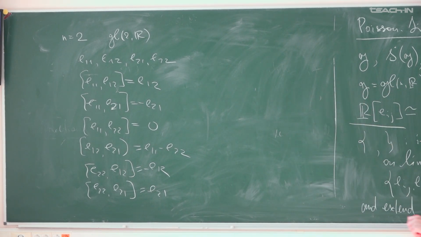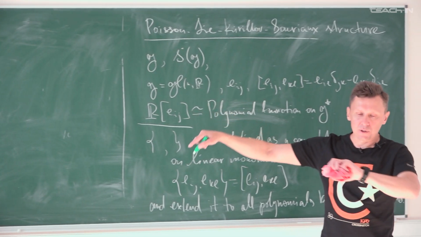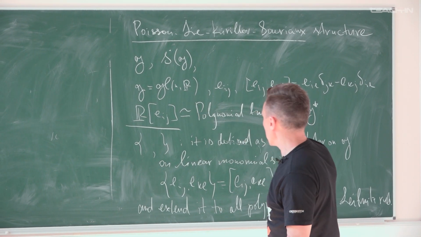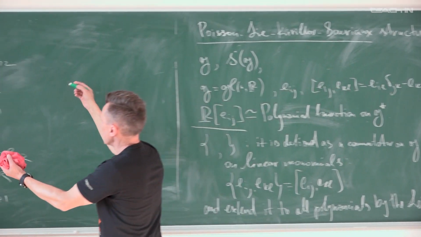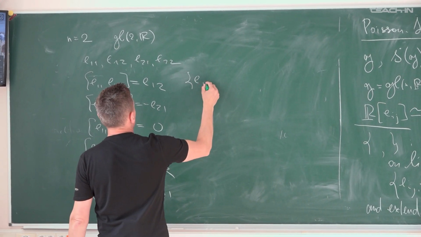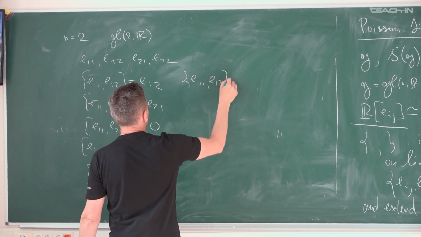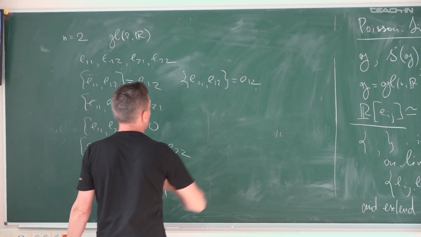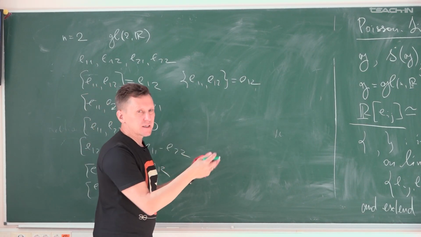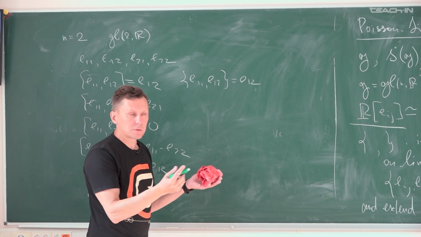And the definition for the Poisson bracket of these generators with themselves should be the same. So, for example, E_11 with E_12 is E_12. But now we have to extend it to all polynomials.